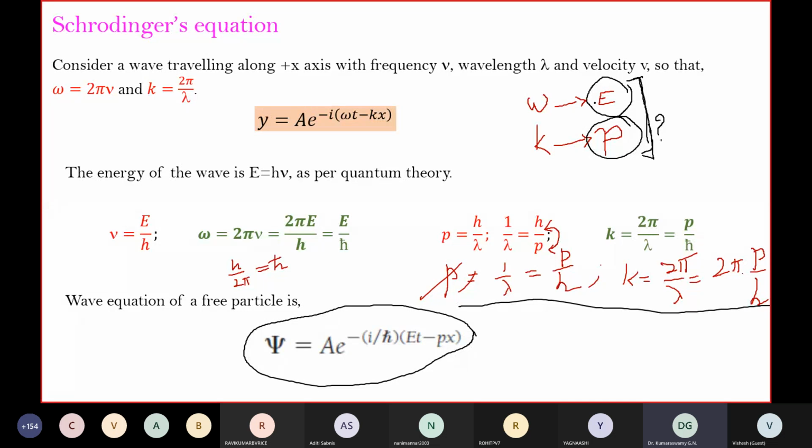but this is a very general equation, right? Suppose we have two particles, let's say there is one electron which is orbiting in an orbital, and there is a proton which is moving outside as a free particle.